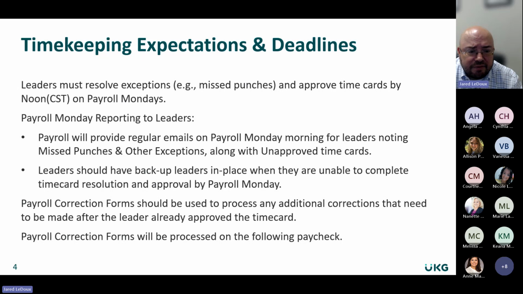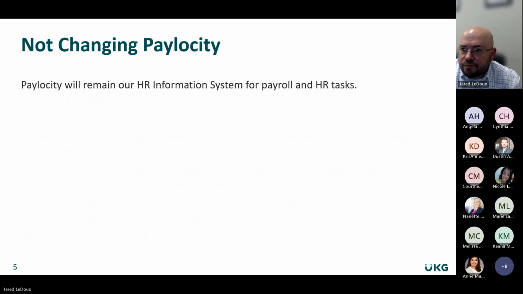That makes sure that we have enough time to process an accurate and timely payroll for that upcoming Friday. When we have a lot of things coming at us, it can make for a confusing process, and so we want to make sure we're as accurate as possible. So the best thing we could do is make sure that all of us are reviewing and approving our time cards, making sure they're accurate on payroll Monday morning.